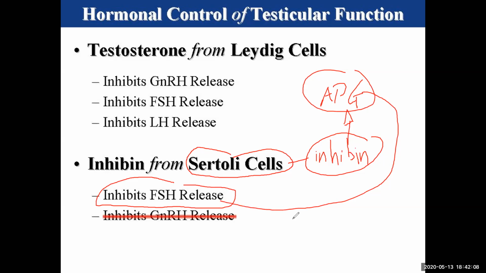Right? So it does not influence the release of luteinizing hormone by the anterior pituitary gland. And check this out, this is a complete, I don't know why I put it there, but that's wrong.